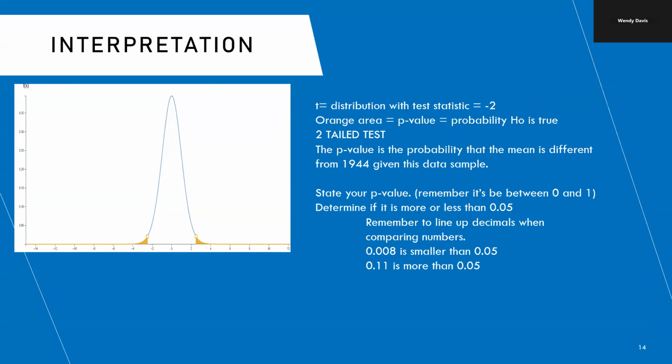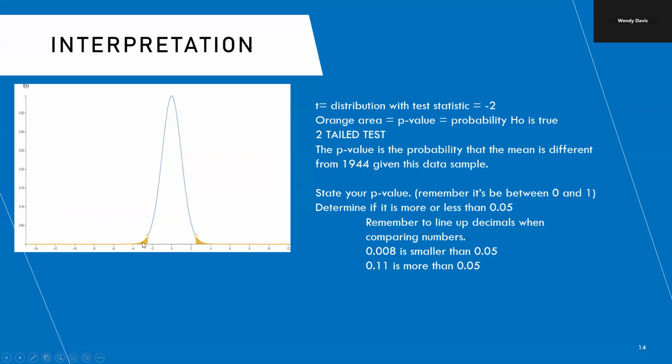Okay, what's our interpretation? Here's an example of a t-distribution, and let's say the test statistic is like -2 something. Our orange area represents the p-value for a two-tailed test. The left and the right are the same area. These orange sizes are the same area.